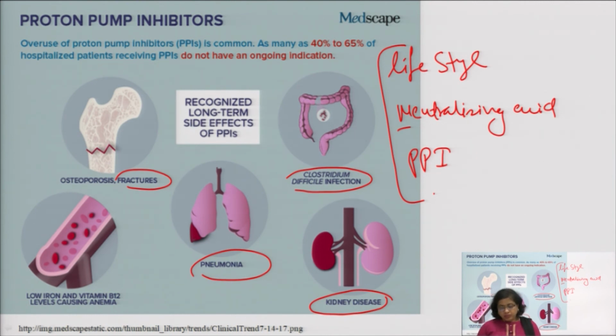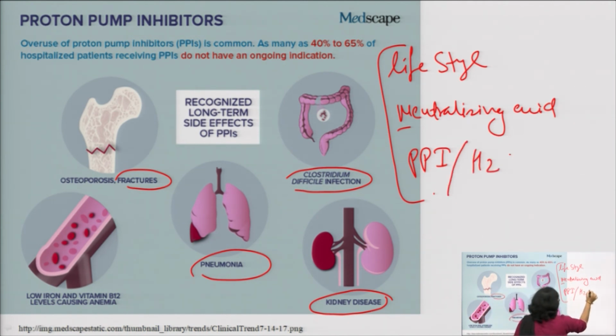Next is blocking acid secretion. How will you block the acid secretion? Either you take a proton pump inhibitor or an H2 receptor antagonist like ranitidine, famotidine.